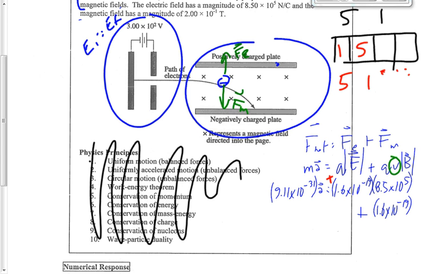How fast is it moving when it enters the magnetic field? You notice that first is red, you guys see that. We're going to get C at the end of that. It's going to be Q times E, not 2E.